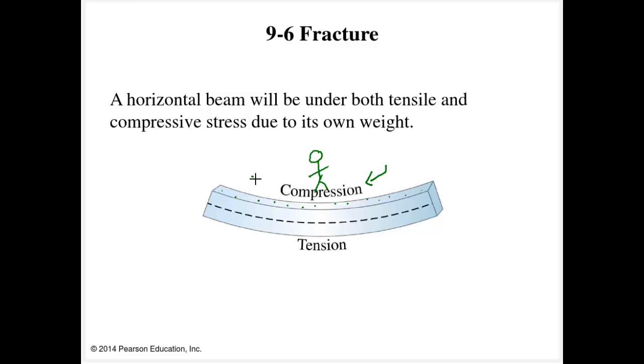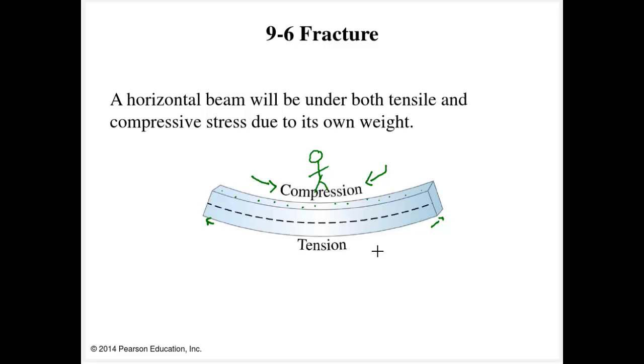There is going to be some compressional force on the upper side of this beam. If you look at the bottom side of this beam, it tends to be stretched out. It's been deformed. It's longer now, so it's undergoing tensional stress.